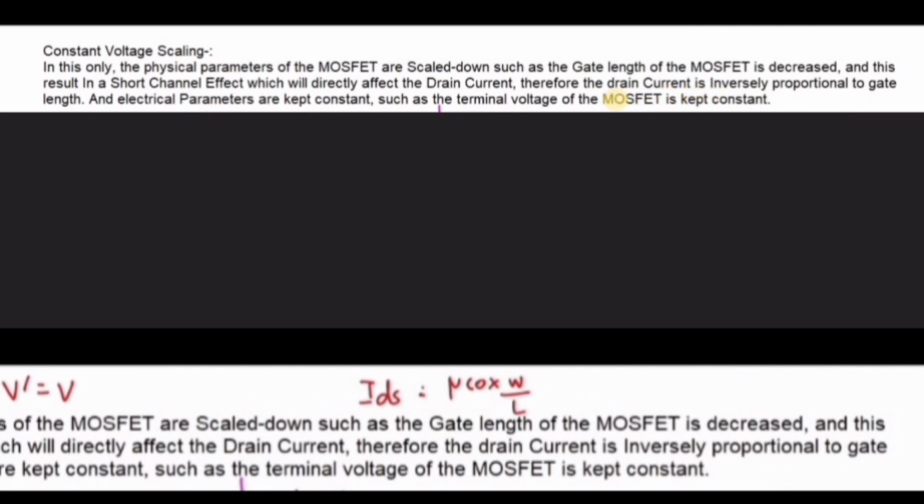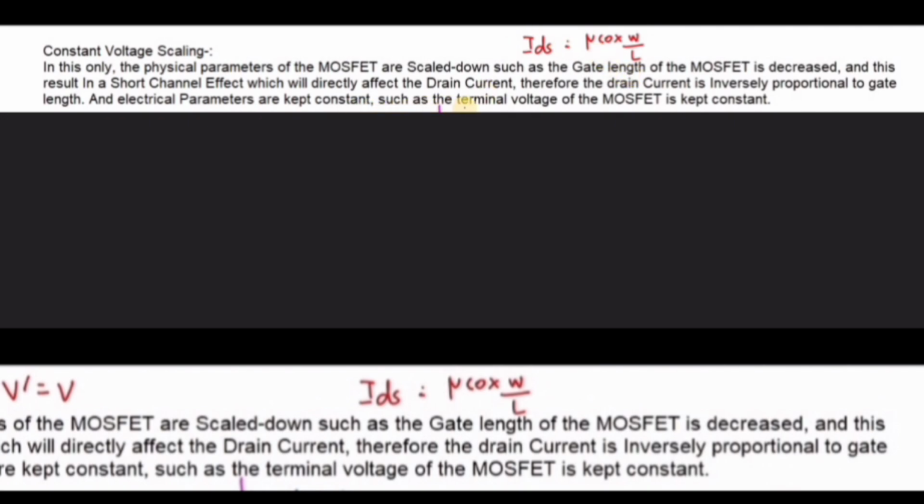The drain current is inversely proportional to the gate length. IDS is equal to beta, where beta is mu Cox W by L. So if the length of the transistor is reduced, it directly affects the drain current, and it is inversely proportional.